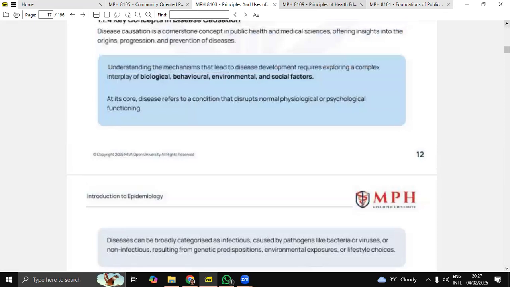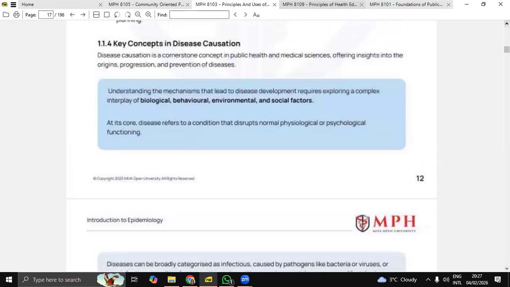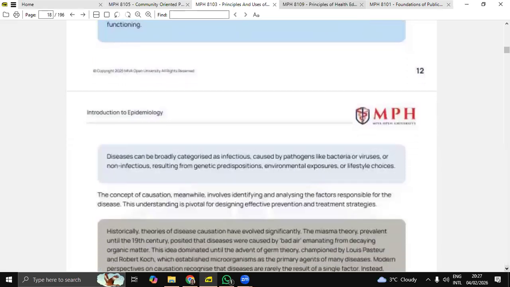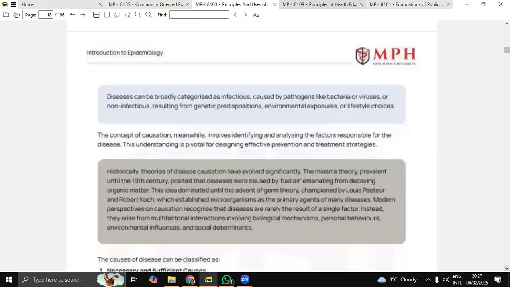Okay, so there was some explanation up here. Let me see. Disease causation is a cornerstone concept in public health and medical sciences. Understanding the mechanisms that lead to disease development requires exploring a complex interplay. Just plenty talk. And then down it says that diseases can be categorized into infectious and non-infectious.